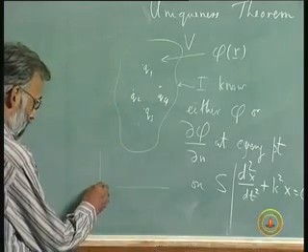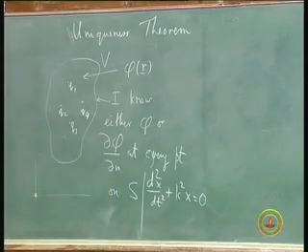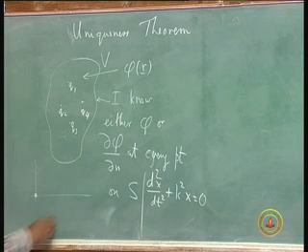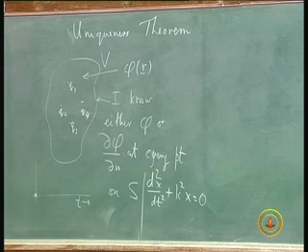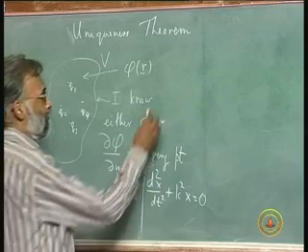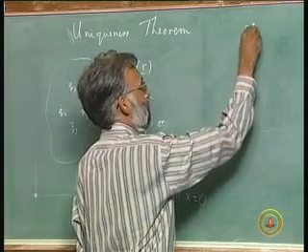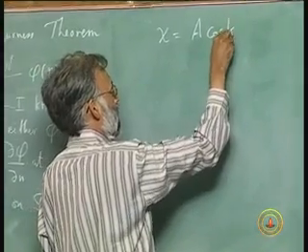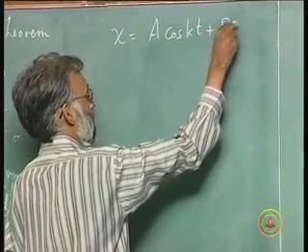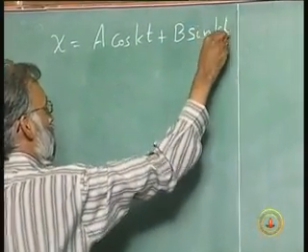Supposing I further knew that x is equal to 0 at t equals 0, that still does not determine what x is, because the general solution for x would be of the form a cos kt plus b sin kt.